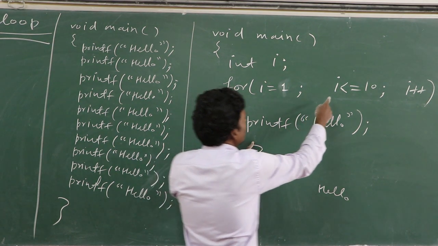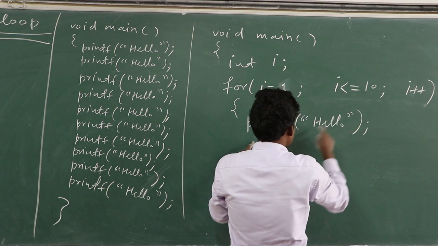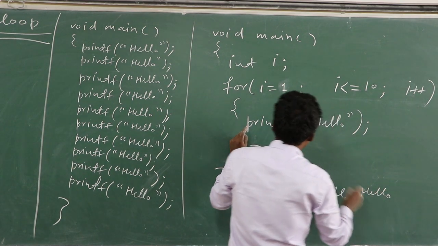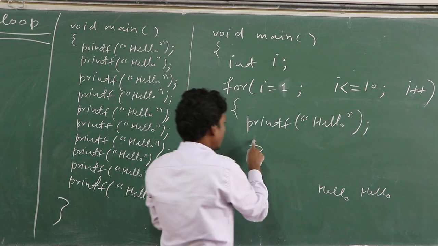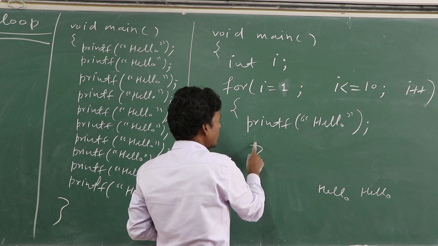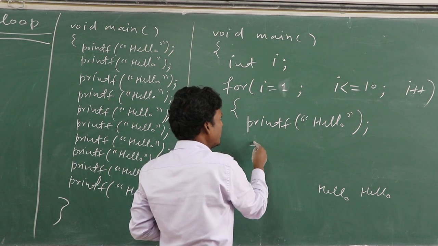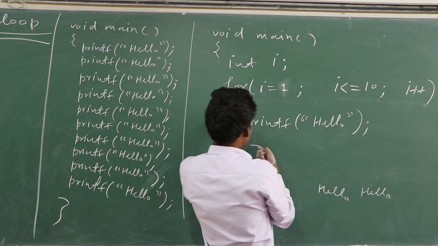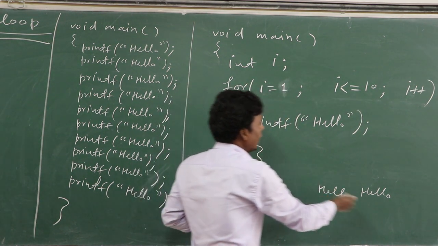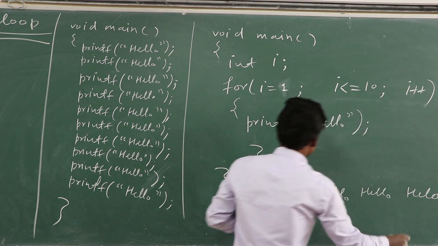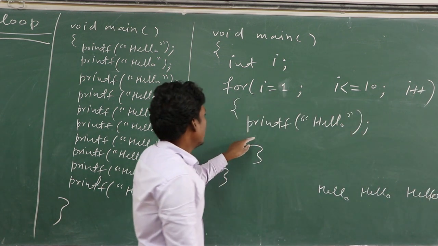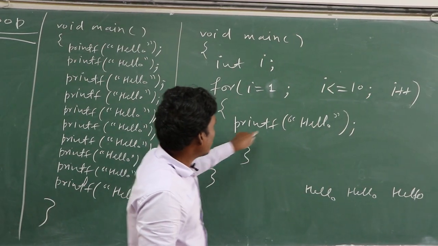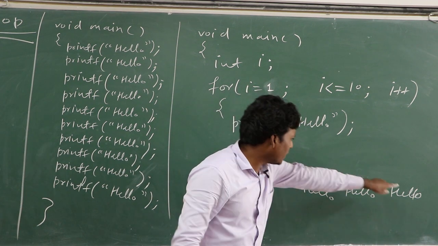Again test, 2 is less than or equal to 10, yes, this set of statements will execute, so hello will be printed. Again this I plus plus works in the last, so the value becomes 3. Again test, 3 is less than or equal to 10, yes, then this set of statements will execute, hello will be printed again, and I becomes 4. 4 is less than or equal to 10, yes, hello will be printed again.